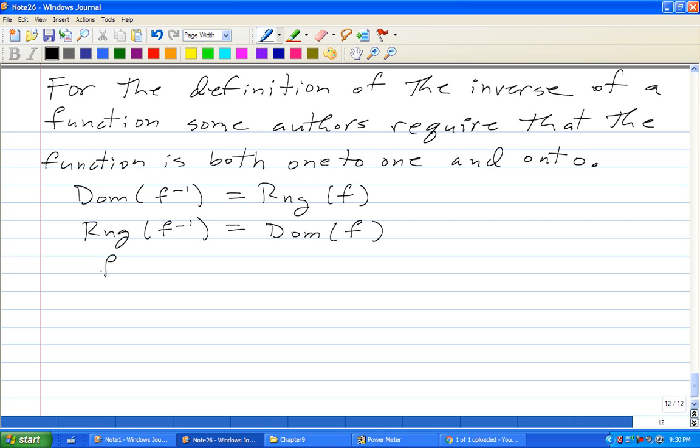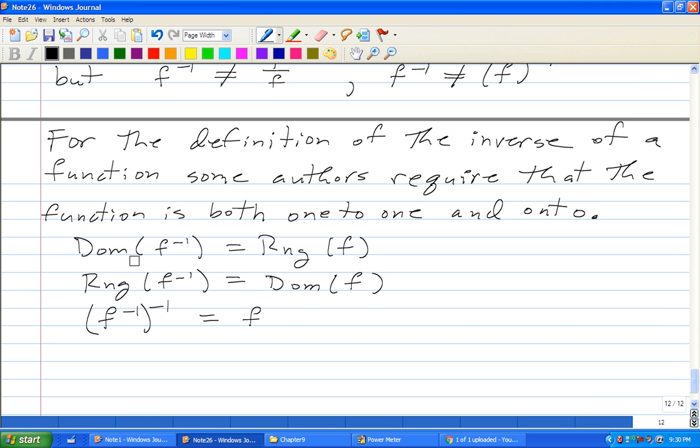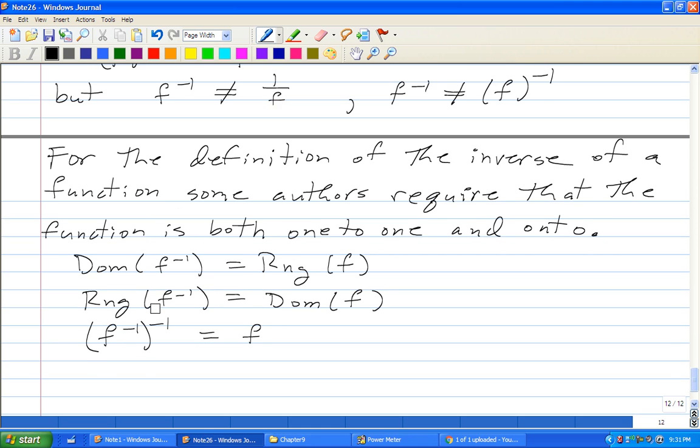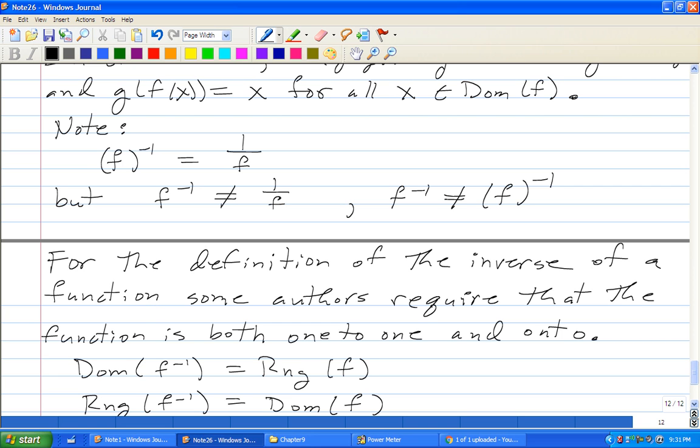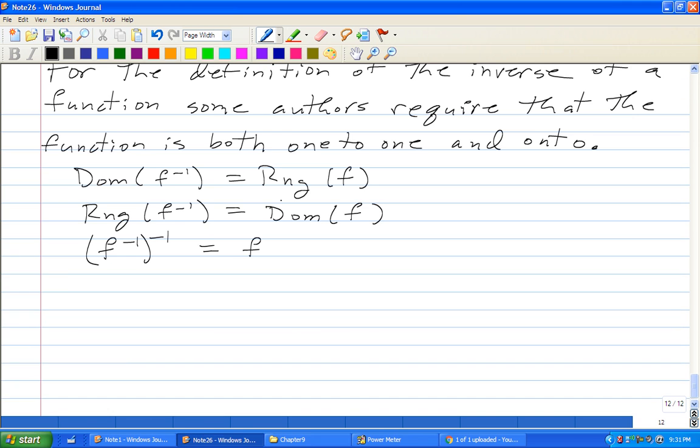Also note that the inverse, now this is a horrible notation. When you have an inverse and then a parentheses and inverse, then these both are inverse functions, meaning they're not reciprocals. They're not multiplicative inverses. I guess we are really very inconsistent. And so the inverse of the inverse function is the original function.